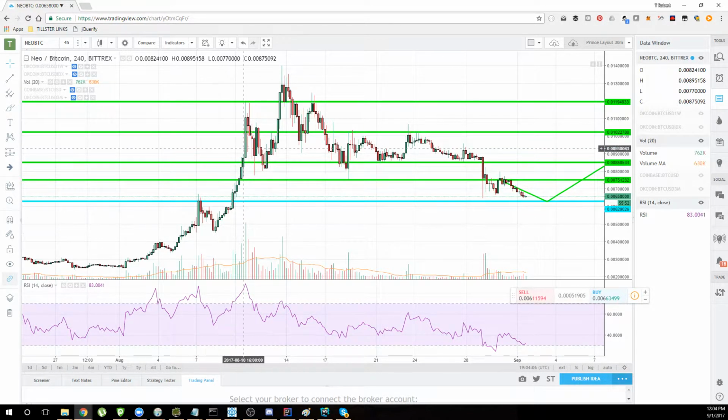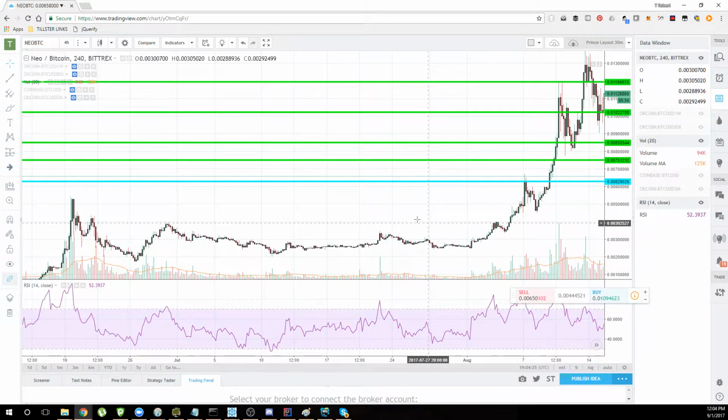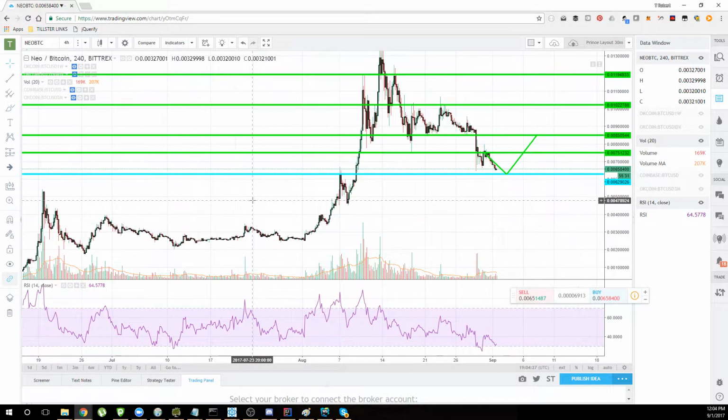So let's start by taking a look at what happened previously in the market here. We were down at this level and then we got a lot of interest, a lot of big interest, and we came up and we found resistance here. And then we came back down and we found support at a previously correlated level, I'm almost positive.